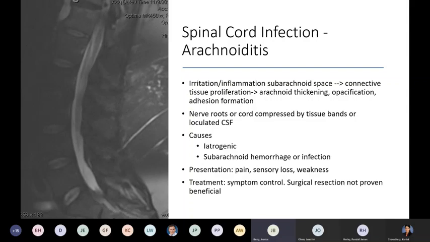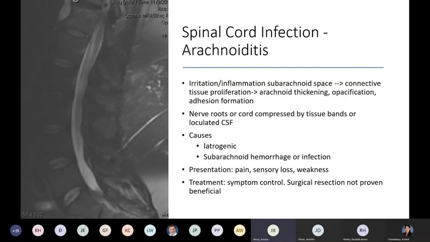The typical causes of this will be iatrogenic, having had some kind of intervention into this space. So use of intrathecal contrast during a myelogram has been associated, as well as intrathecal or epidural anesthetic agents as used with injections, or irritation of the subarachnoid space during surgery.